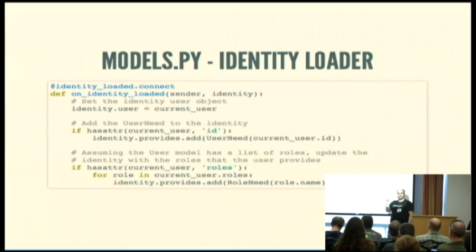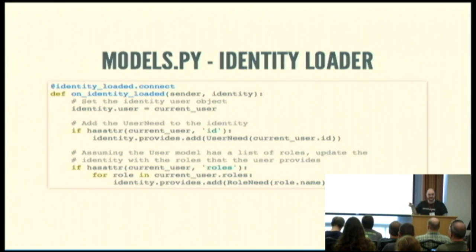That allows me to say this view requires this user. Does that make sense? So user need is a way to say, I have to have this user to do this view. I'll come back to that in a second. Then if this user has roles, for each one of those roles, the identity for this user provides a role need of whatever the role name is.